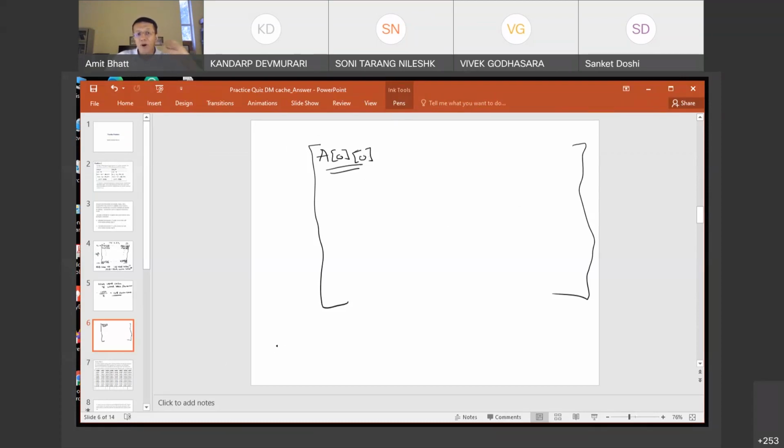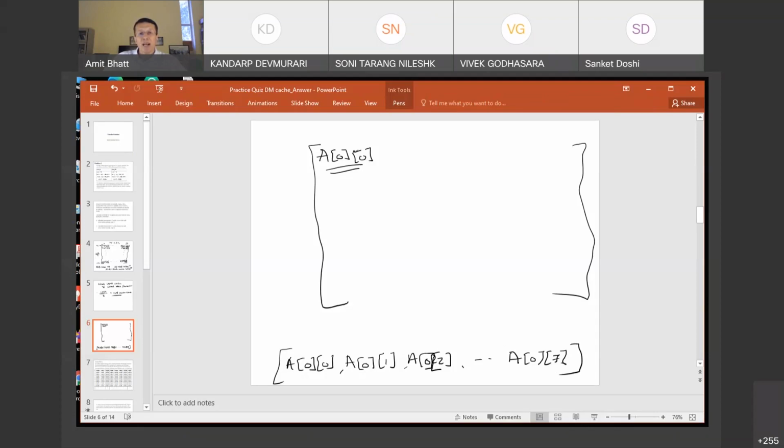But my block size would tell me that I would not only get A00, but I should also get A01, A02, right up to the end. So this one block will be brought in.